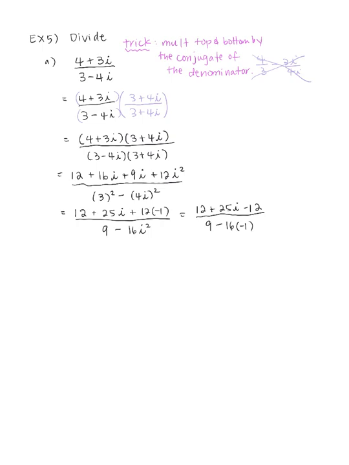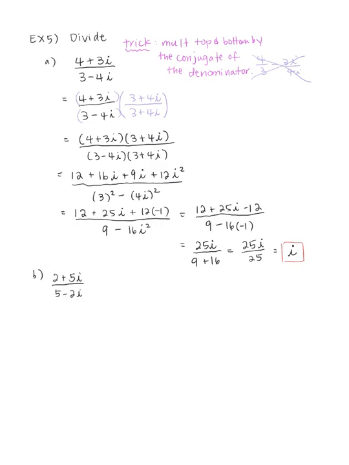All right, so then it looks like we're going to have, well, 12 minus 12 is 0, so we have 25i divided by 9 plus 16, which gives us 25i divided by 25. So that just becomes 1i, which is just i. All that work to show that when you divide 4 plus 3i over 3 minus 4i, that was nothing but just a cute little i in disguise.